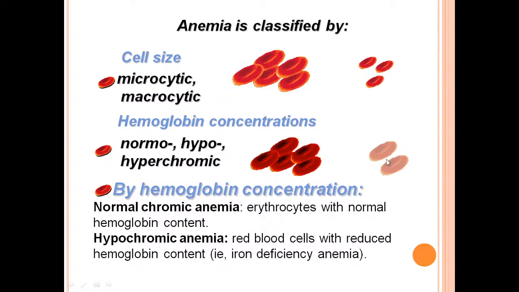Hypochromic means the erythrocyte has less hemoglobin, and hyperchromic means there is a lot of hemoglobin in erythrocytes. They are pale. By hemoglobin concentration: normochromic anemia, erythrocytes with normal hemoglobin content, and hypochromic anemia, red blood cells with reduced hemoglobin content.